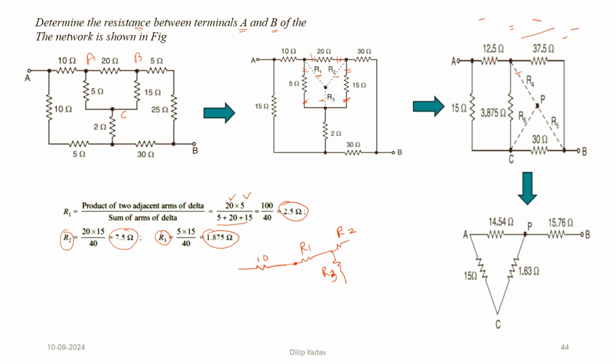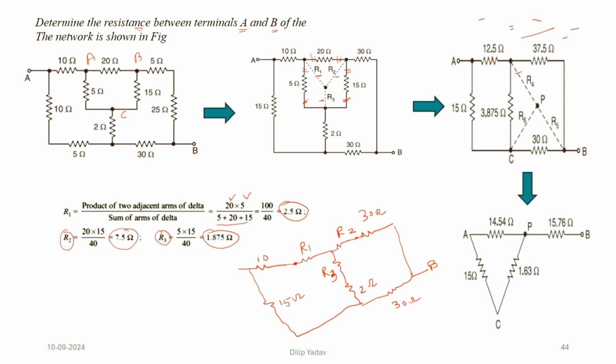R3 is connected with a 2 ohm resistance here, and R2 is connected with a 30 ohm resistance, and this was the point B we have obtained. Here we have 10 and 15, and this 10 is connected with a 15 ohm resistance still, connected at this point. So this is the equivalent circuit.